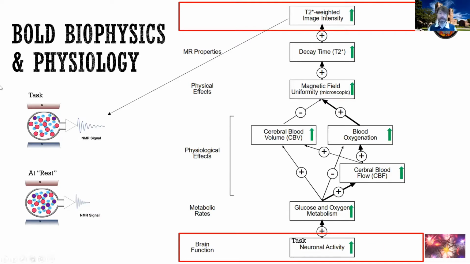For example, in this image here, at rest, whatever part of the brain I'm looking at doesn't have a very strong signal. Whereas during task, for example while looking at pictures of faces, my signal is much stronger. So relatively speaking, when somebody engages in a given mental activity, for example looking at a picture of a face, this part of the brain has a stronger BOLD signal. And that, as I said earlier, is how we tell that a part of the brain is related to some specific mental activity.